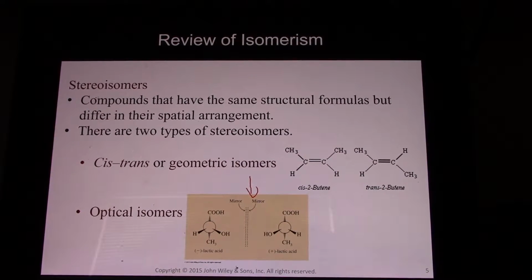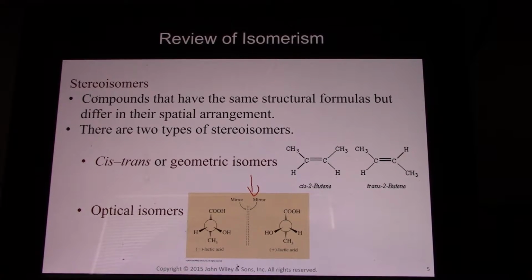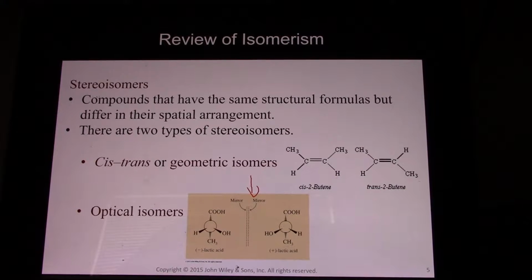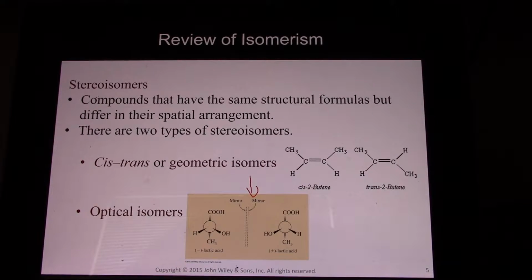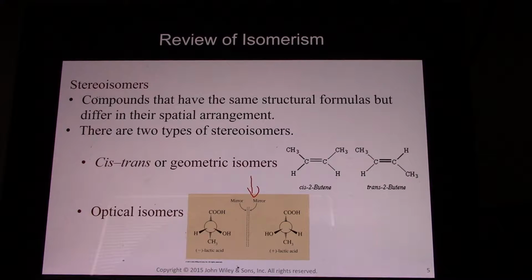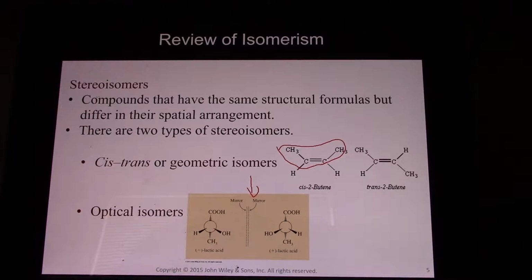So again, we have cis-trans or geometric isomers, and then optical isomers. In this way, the same atoms are connected to the same atoms in the same order, but in a different spatial way. Like in both cis and trans 2-butene, you have 4 carbons connected in a row, and you have a double bond between carbons 2 and 3.